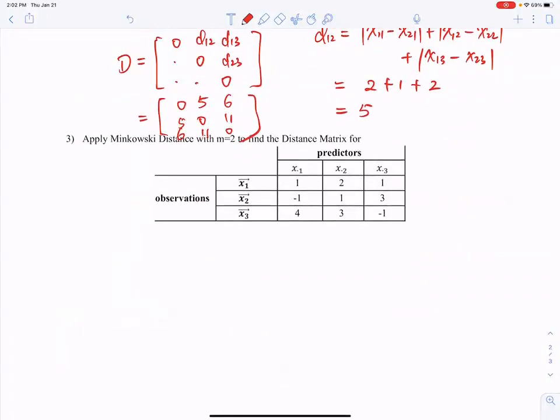Now Minkowski with L2 norm. What is Minkowski's distance?